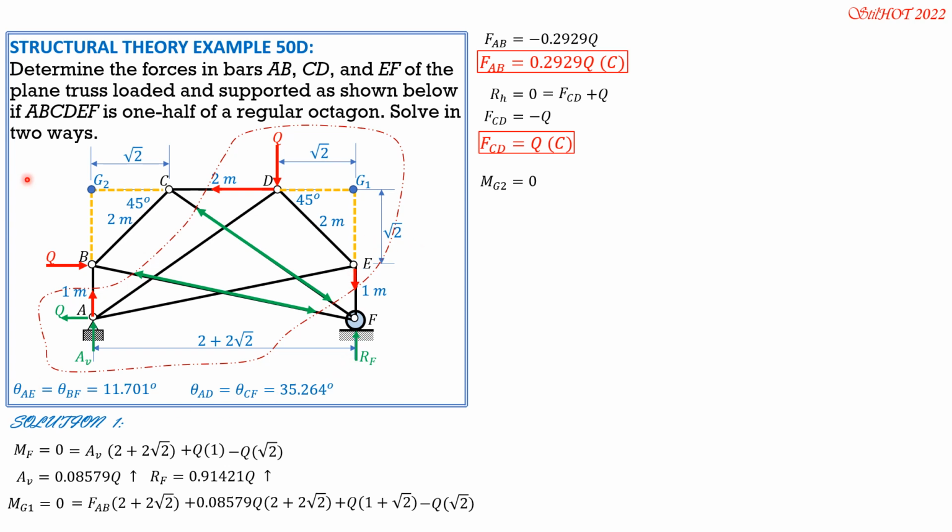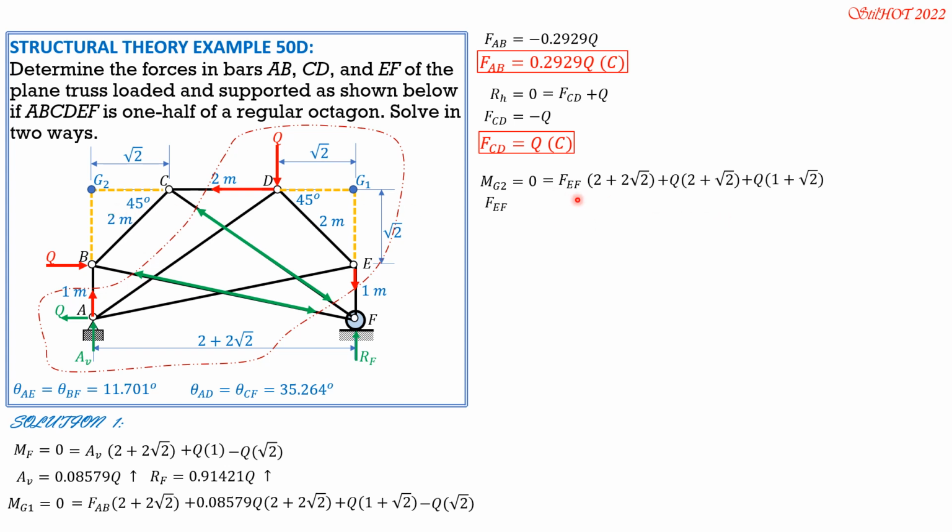So clockwise positive, we have FEF times quantity 2 plus 2 square root of 2, moment arm, plus Q times 2 plus square root of 2, then 0 passes through, then plus Q, this Q here, AV is not involved, plus Q times 1 plus square root of 2, and that's it.